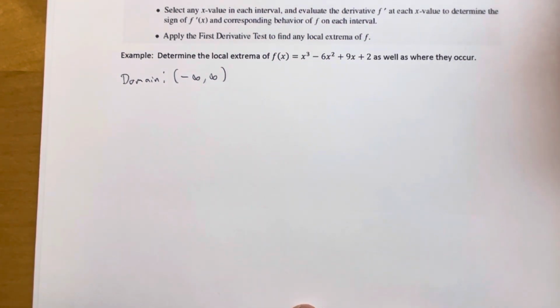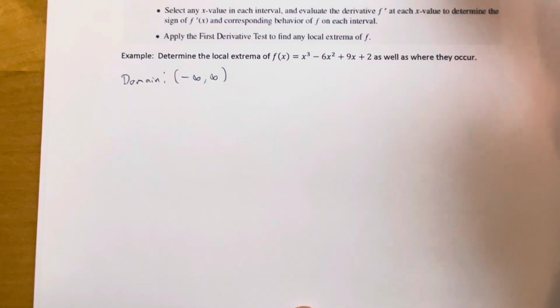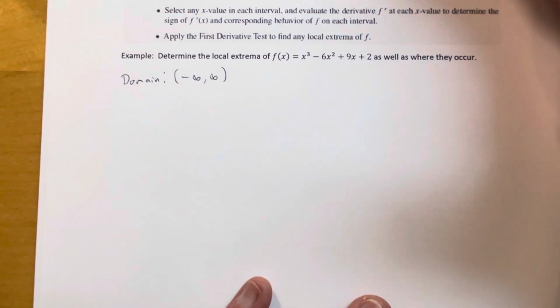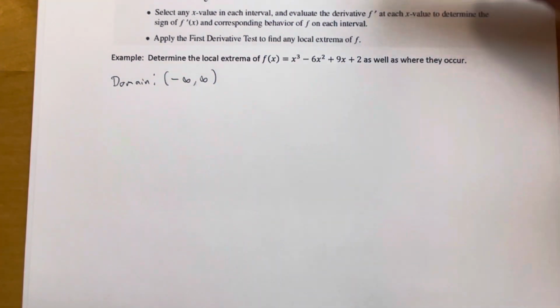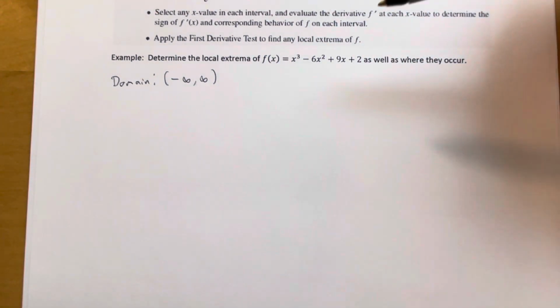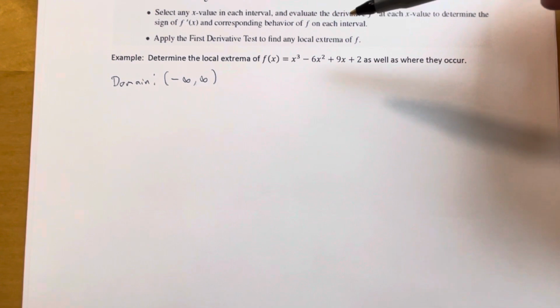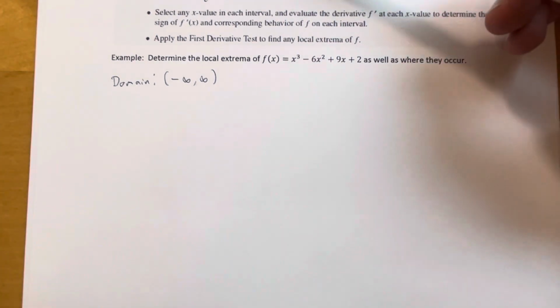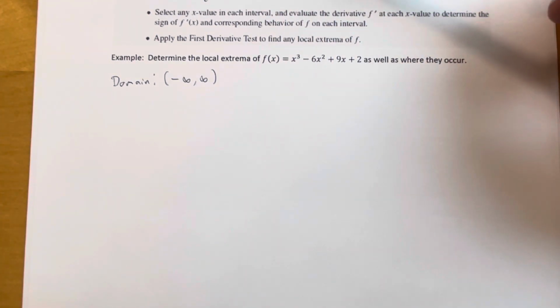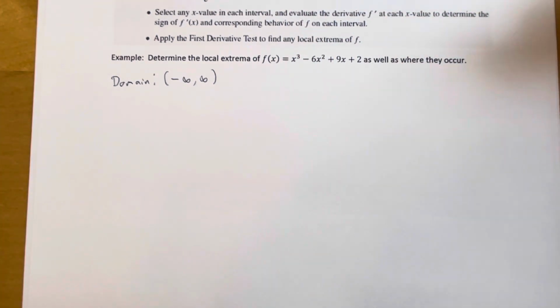Next, what we want to do is find the critical values. Okay, so in fact, a little bit more generally, we want to find the partition numbers. Now, in this case, the partition numbers and the critical values are the same thing, because the only difference between a critical value and a partition number is a partition number could be a place where the function is not differentiable and the function is also not defined there.